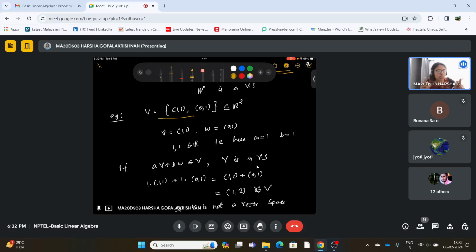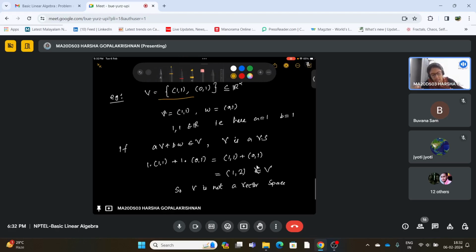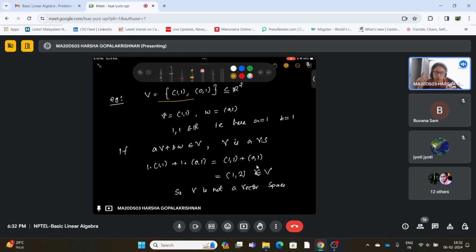We should have two elements and two scalars such that its linear combination does not belong to V. If all the linear combinations belong to V, it will be a vector space. There are only two elements in V, so I am taking those two elements, V equal to (1,1), W equal to (0,1).